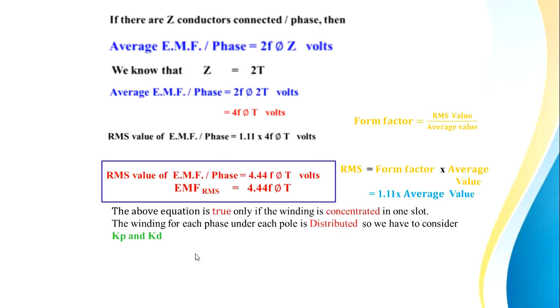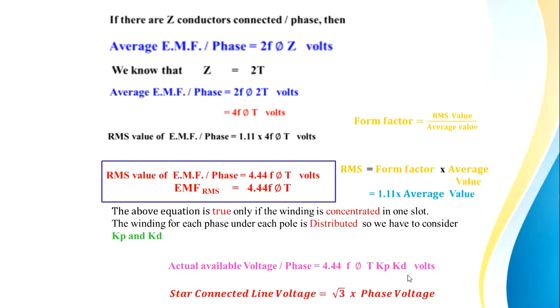So we have to find this equation by considering the factors Kp and Kd. So the actual available voltage per phase will become 4.44 F phi T into Kp into Kd volts. For star connected, line voltage is equal to √3 into phase voltage.